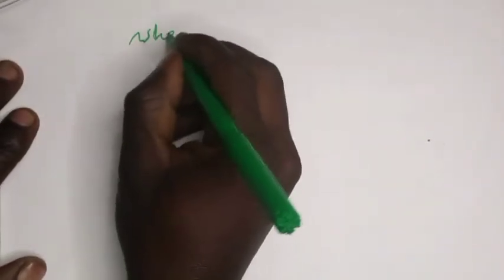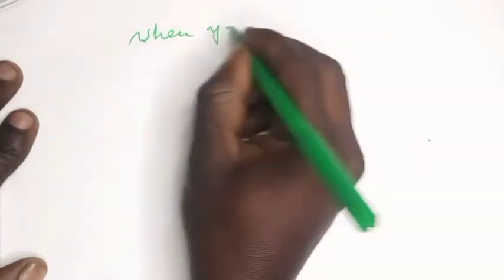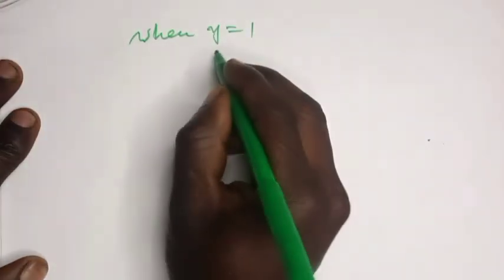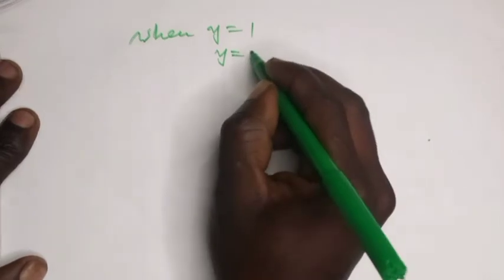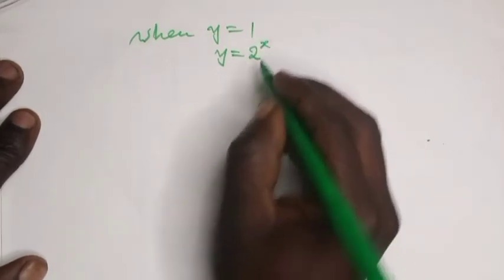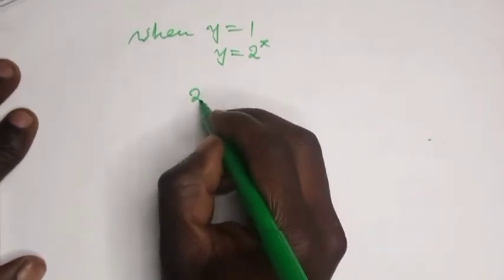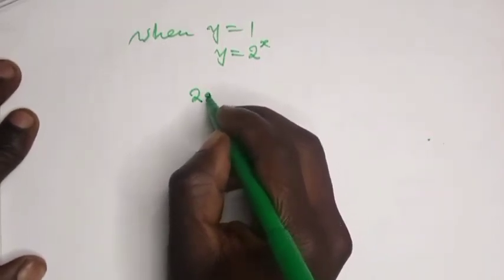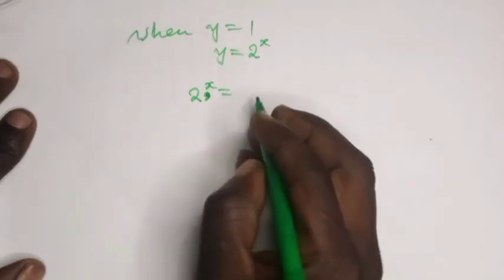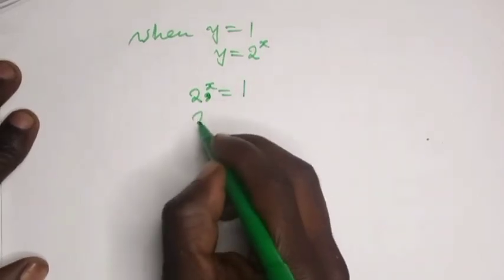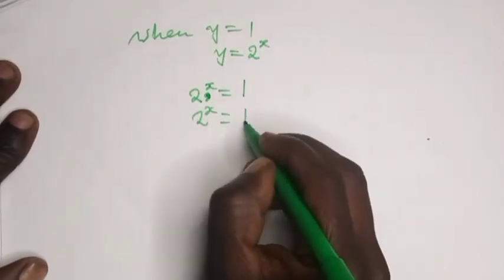So now when y equals 1, then y equals 2 power x. Then we are going to equate this. Then it will be 2 power x equals 1.